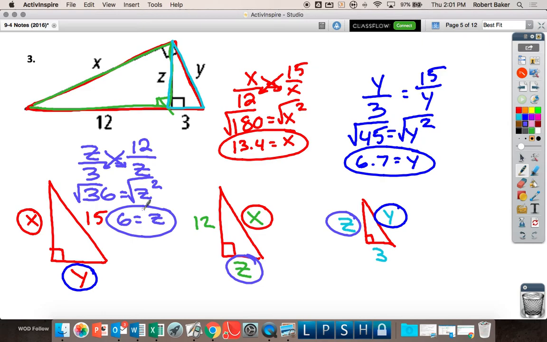We didn't make any mistakes today, did we? Now, I would recommend going back and saying, this is 6, this is 13.4, and this is 6.7, just so you can see if all your numbers make sense.